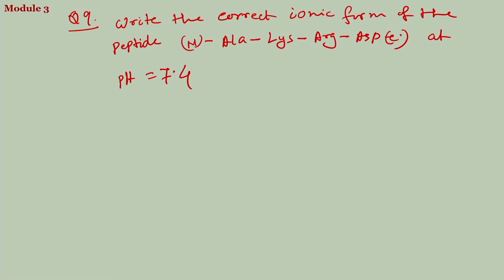What would be the ionic form of this peptide at pH 7.4? This is important, of which pH you have to write the structure. In this case it is pH 7.4.